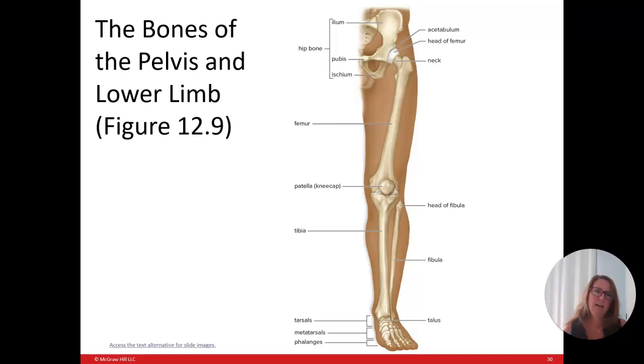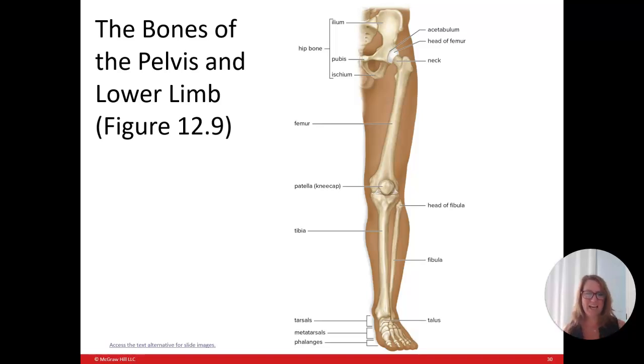And then on the outside of our lower legs, we have a fibula, which is a smaller bone. Just like you have an ulna, the ulna is analogous to a tibia in your arm. Fibula is somewhat analogous to the radius in your lower arm, but the fibula doesn't move like our radius does with our thumb.